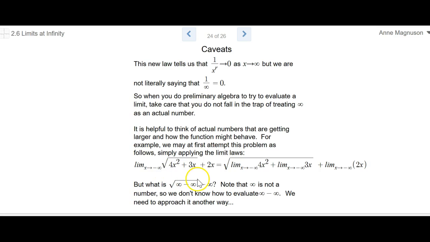Here's an example of a problem where this shows up again as well. So if you look at this problem, x is going to negative infinity. I have this radical sign and then this additional term here.